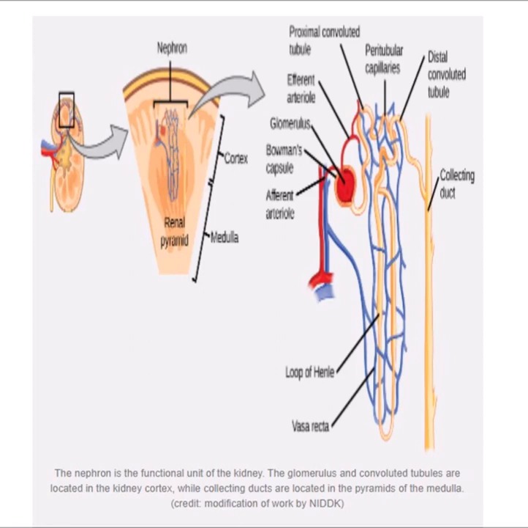In cortical nephrons, the peritubular capillary network surrounds the PCT and DCT. In juxtamedullary nephrons, the peritubular capillary network forms a network around the loop of Henle and is called the vasa recta. So the vasa recta is a network formed by the peritubular capillary network.